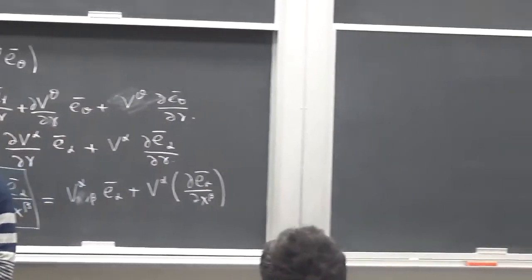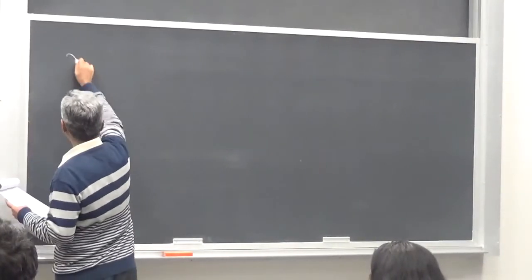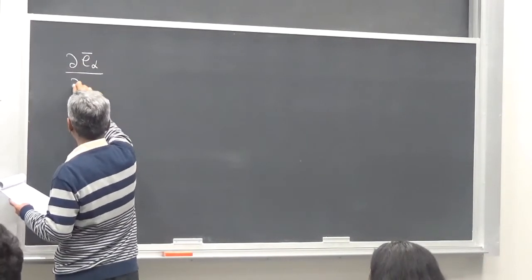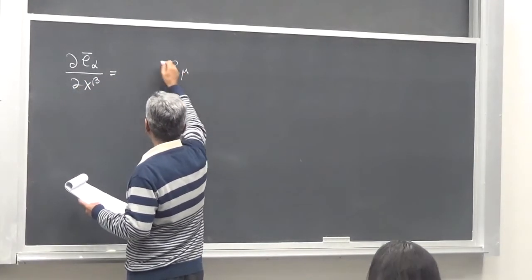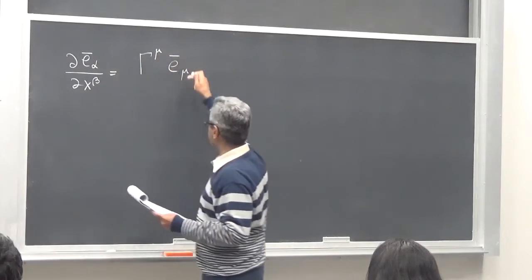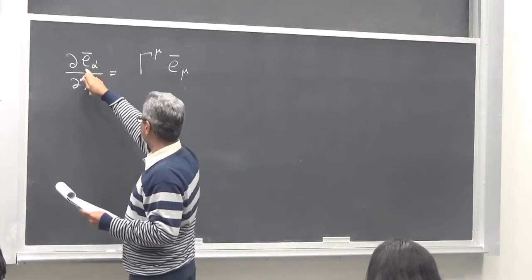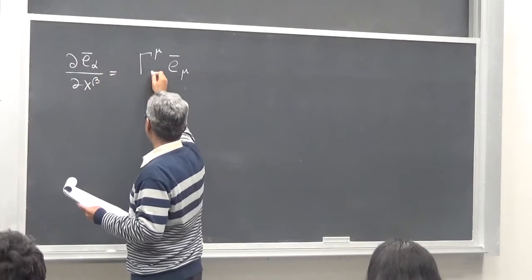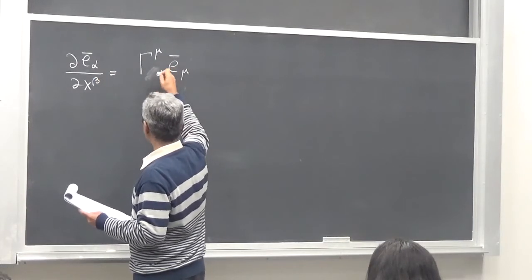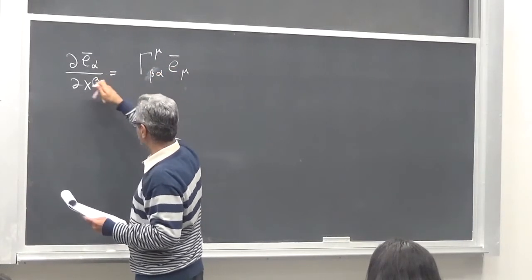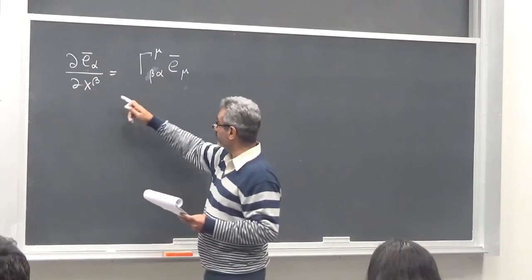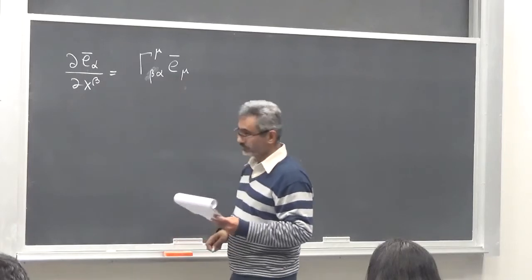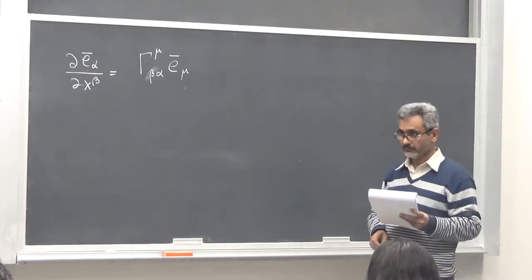So this partial e_alpha over partial x^beta can be written as a linear combination of all the basis vectors. And as you change the basis vector, this number would change, and if you change the coordinate with respect to which you are differentiating, this beta will change. And so you have this equation.